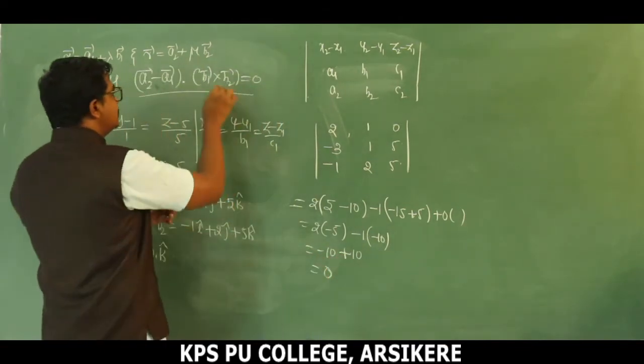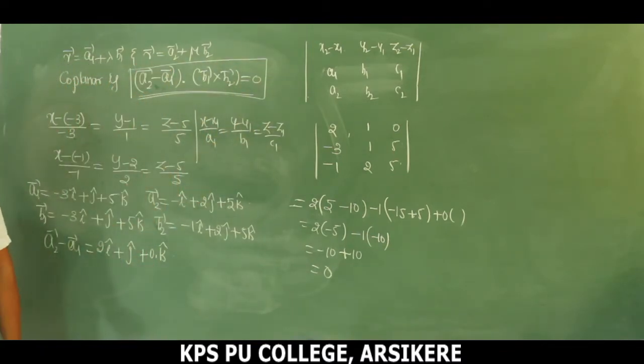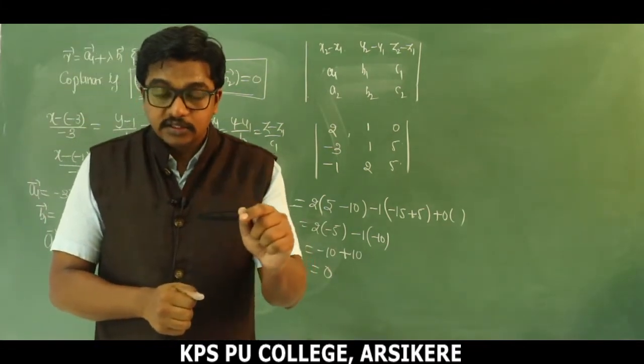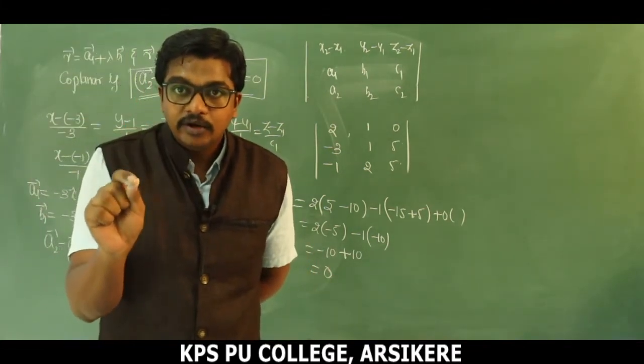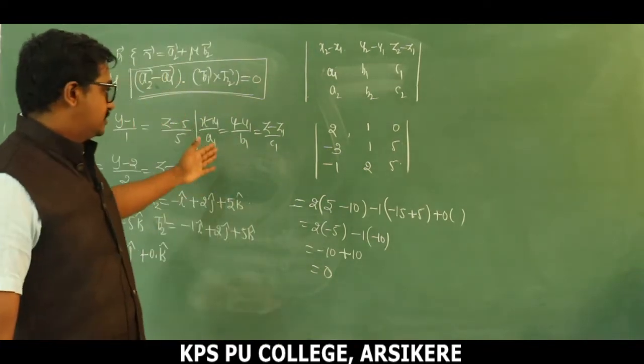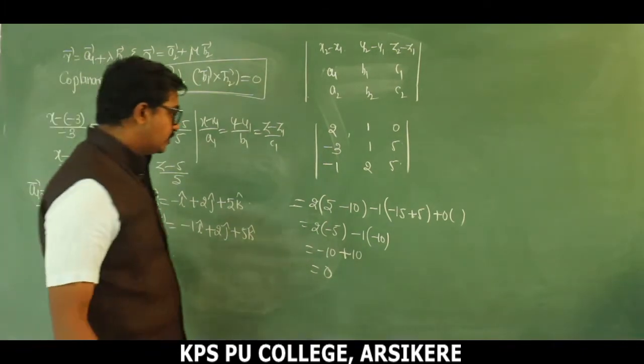So this value is equal to 0, which means the lines are coplanar. Remember, the necessary and sufficient condition for the lines to be coplanar is a2 minus a1 dot b1 cross b2 is equal to 0. This is the case. Next, dear children, we are moving to the next question.